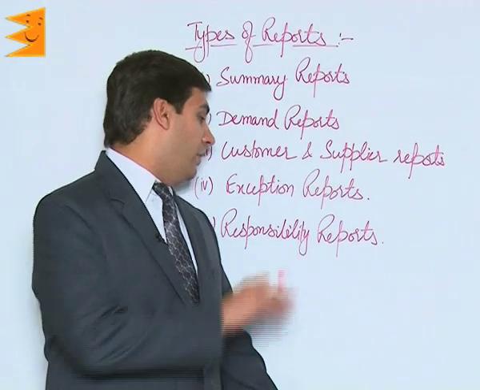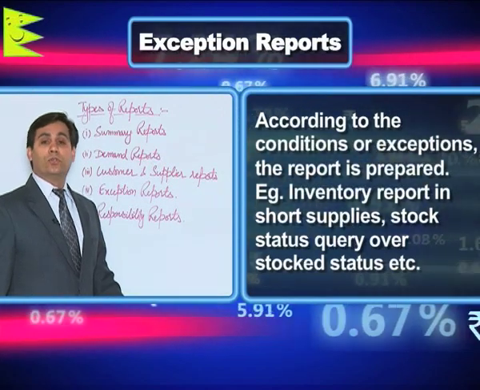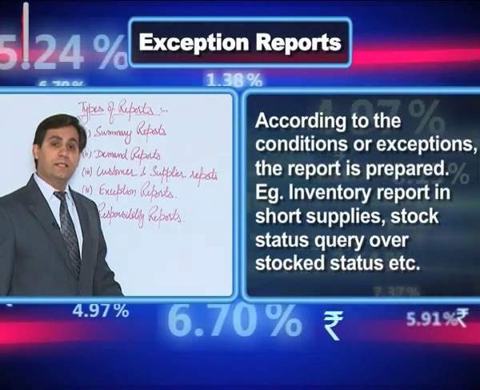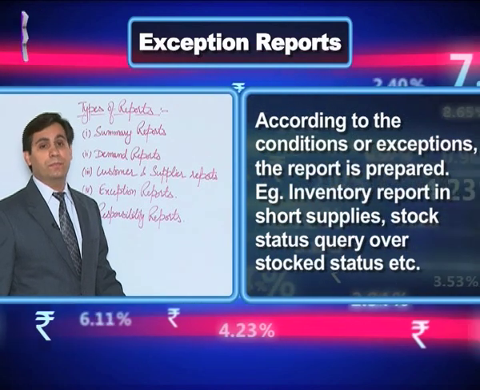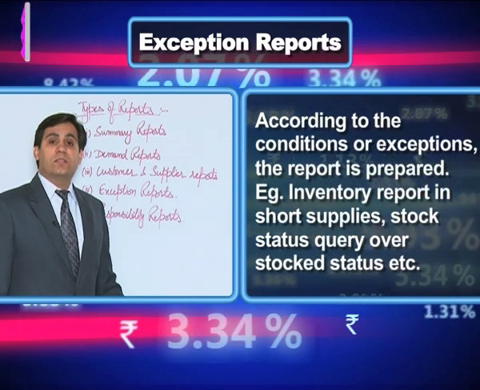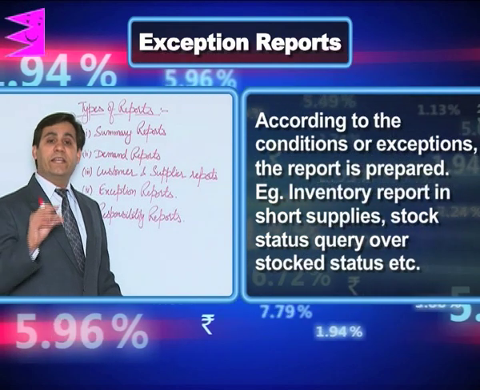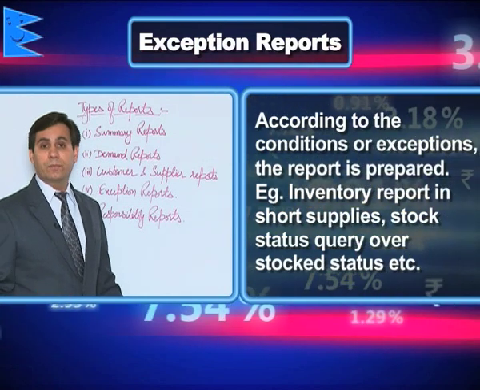Then we have exceptional reports. Exception reports are those reports which are specialized in nature and are demanded by management only for exceptional purposes. Something like a factory manager wants to assess the status of his stock. So that would be stock query report.